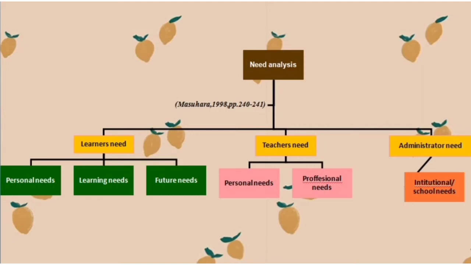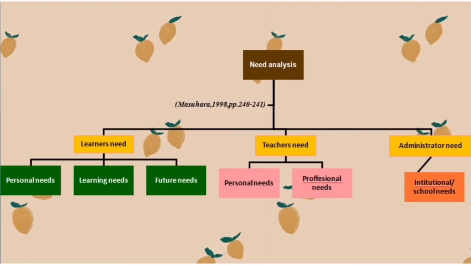The next point is teachers' needs. Teachers' needs are divided into two, namely personal and professional needs. In these personal needs are such as age, cultural and educational background, and so on.